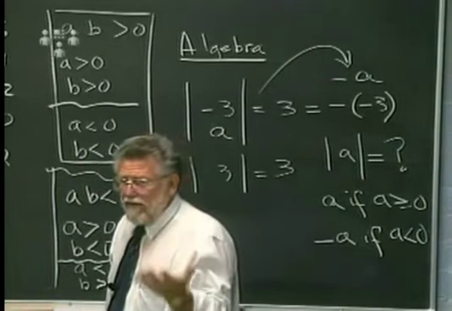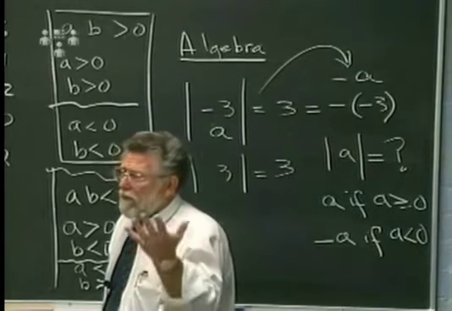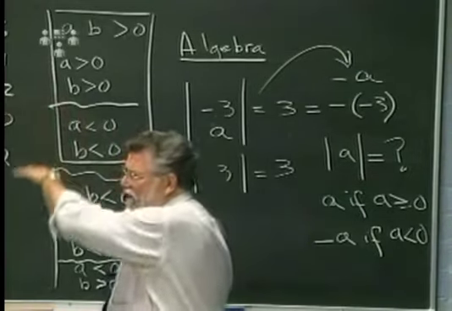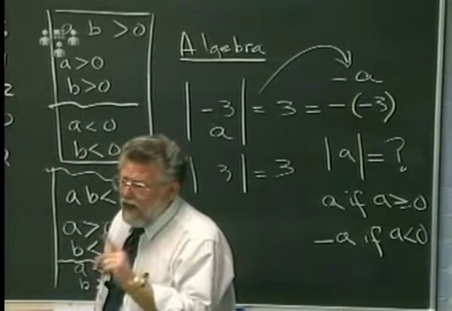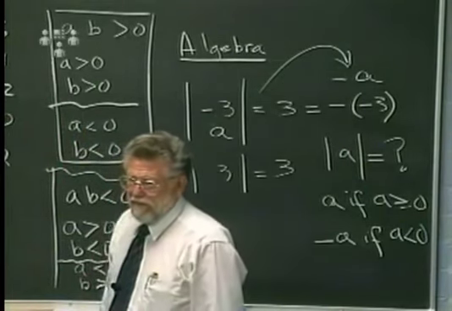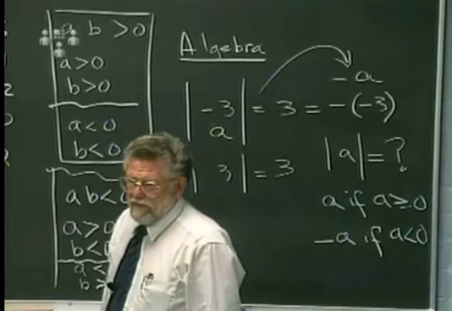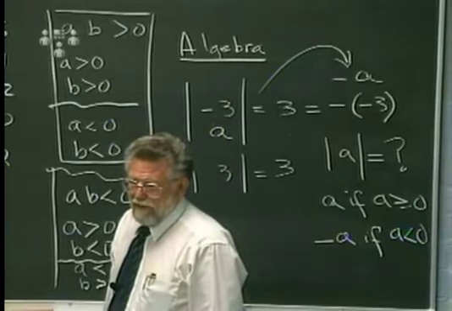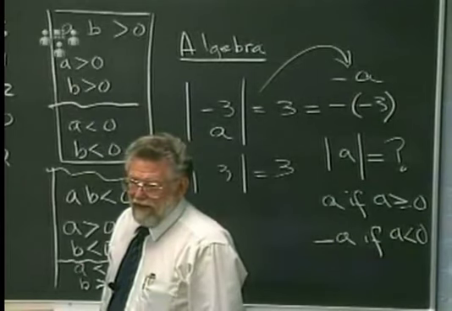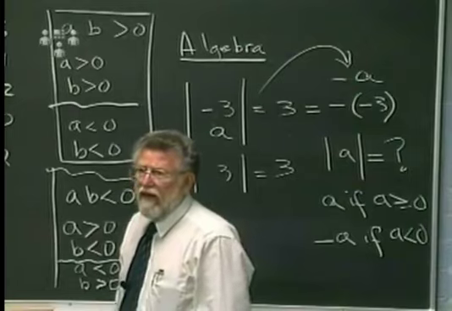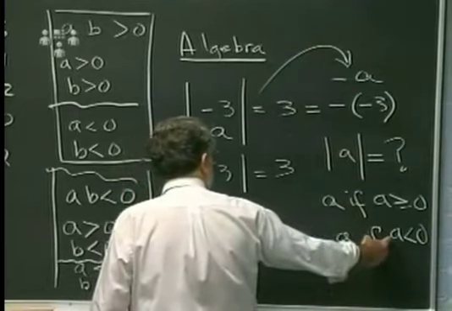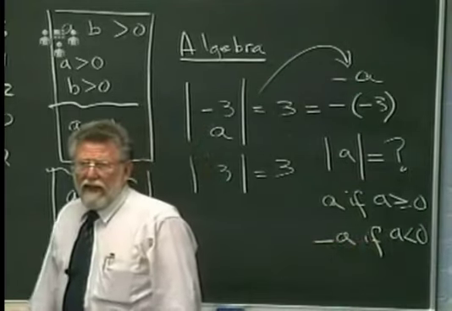If A is on the left side of the number line, minus A flips it to the other side, and so minus A is positive, because A was negative. That's what we mean by the absolute value of A. If A is less than 0, then its absolute value is minus A.